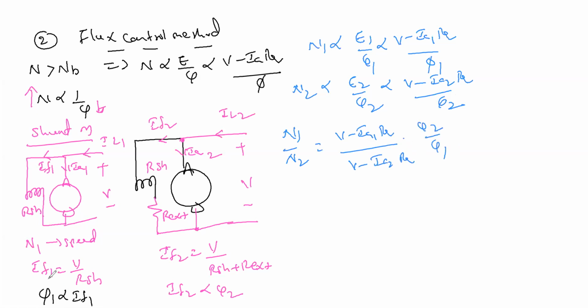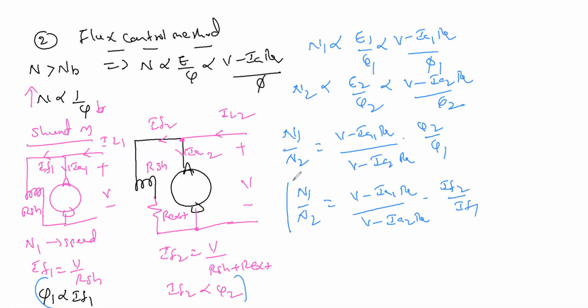So fluxes are proportional here now. So I can replace this with the field currents. So IF2 by IF1. So basically, this is the major expression.